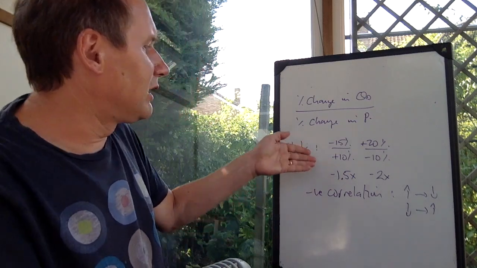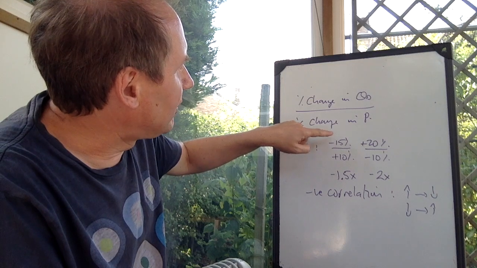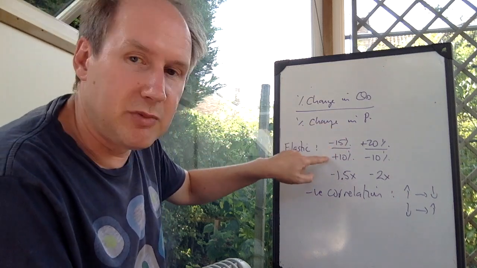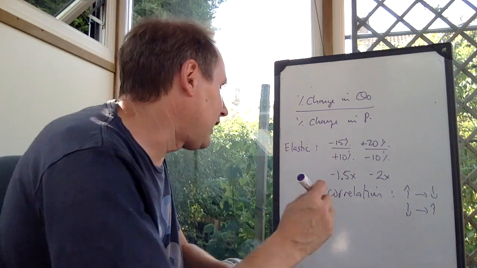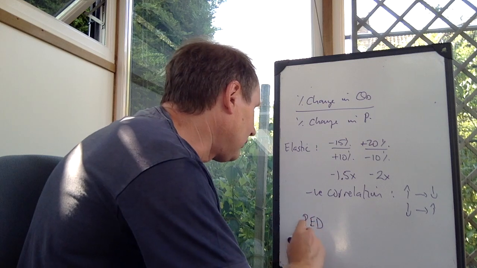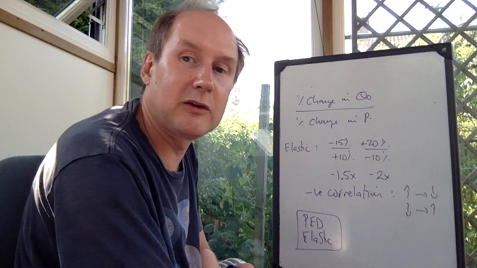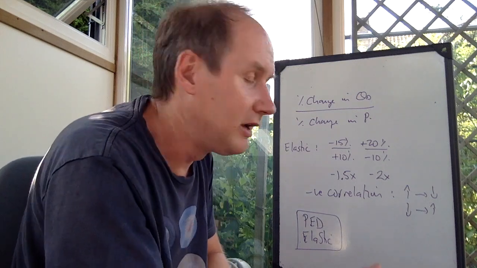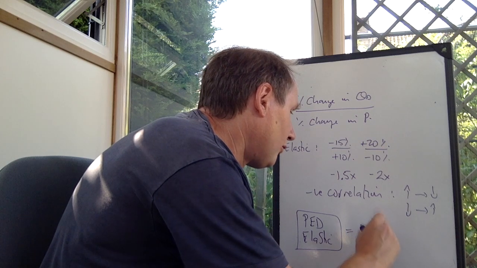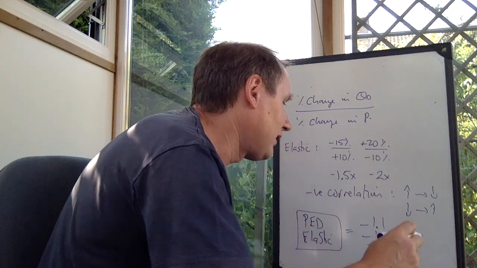What we can therefore see is that if it's elastic, demand changes by more than price changes, therefore the top will always be bigger than the bottom. And therefore, price elasticity of demand for an elastic demand situation is going to be a number like minus 1.1, or minus 1.5, or minus 2, or minus 3.